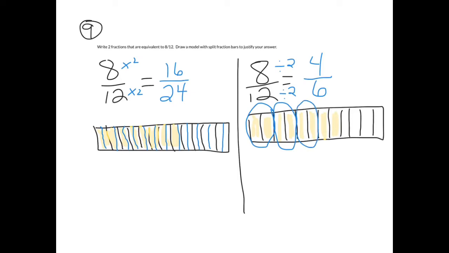Take this 2, group it into one chunk. This 2, group it into one chunk. And just like before, even the non-shaded ones, because fractions are equal parts. Now, how many parts do we have? We have 6 parts. And how many of those parts are shaded? 4. So, we see both the mathematical modeling and we see a quick shortcut to show us what are equivalent fractions, how do they relate to one another.